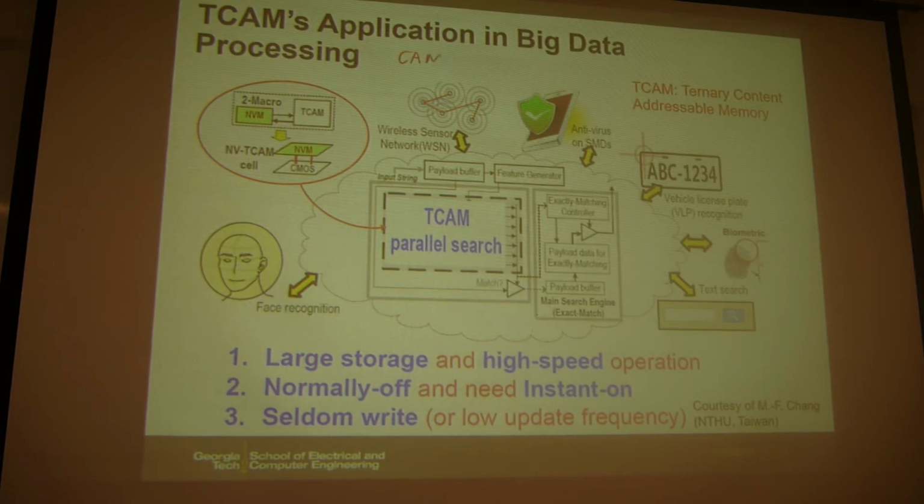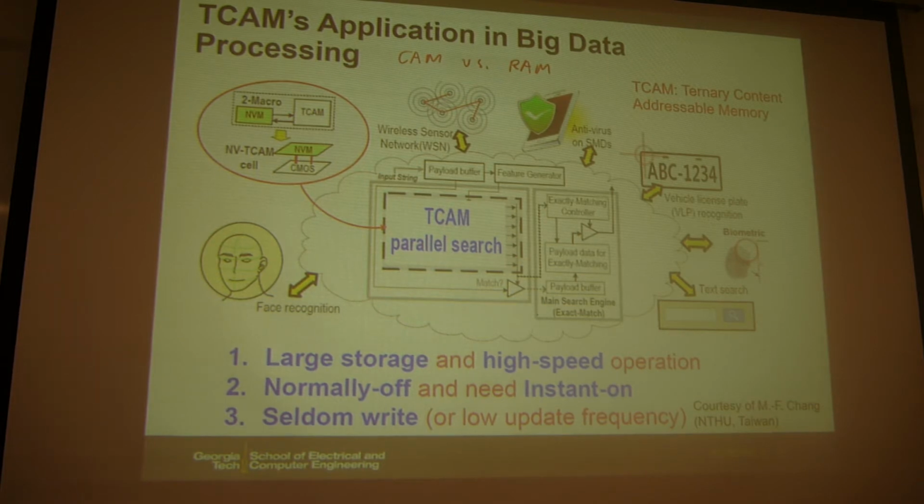Anyone know the difference between a CAM and the RAM we talked about before? Any idea? We talked about SRAM, DRAM, RAM, right? Random access memory. The input for RAM is the address bits: you give an address to the RAM, and then you get the data out.